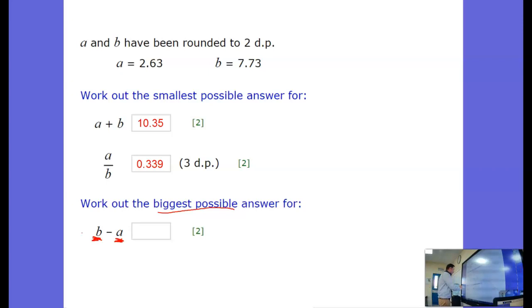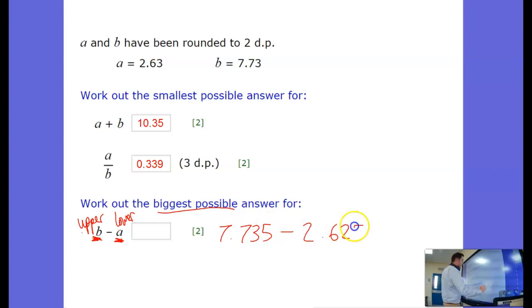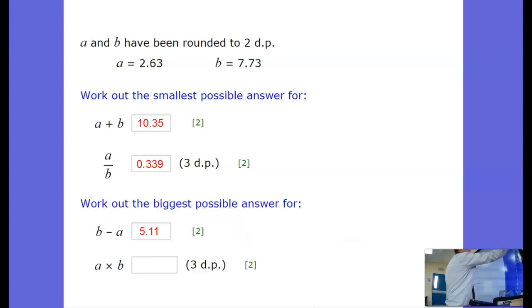So I want the upper bound for B, subtract the lower bound for A. So the upper bound for B, 7.735. Lower bound for A, 2.625. So when I'm subtracting, you've got to think through it and work out which values I'm going to use. And the answer for that one, I think, was 5.11.